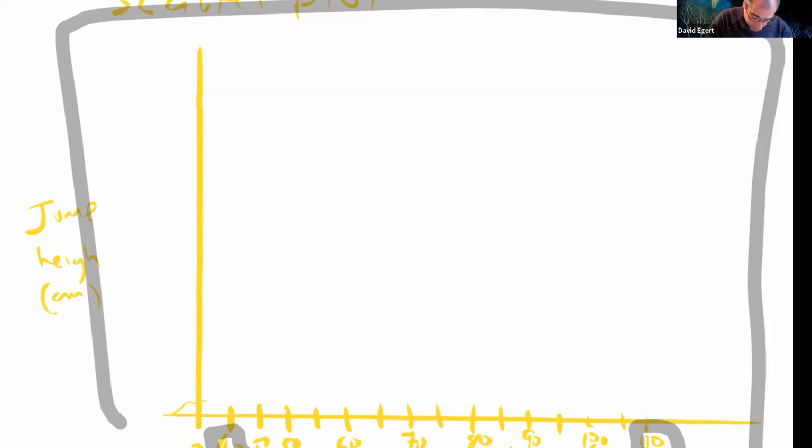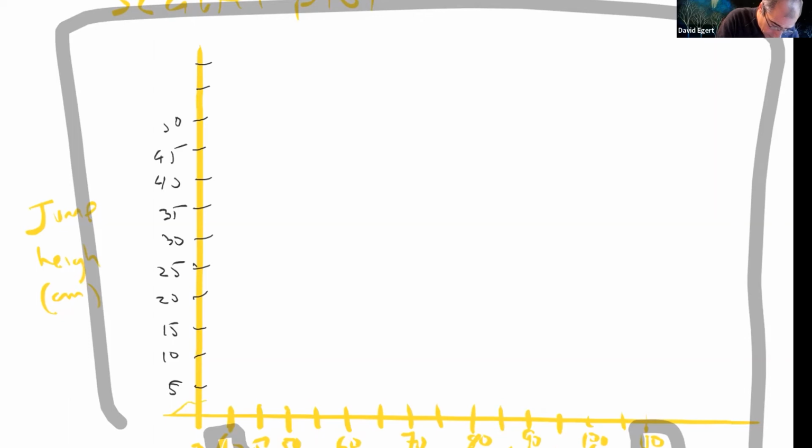So when you are coming up with your axes, be smart about them.